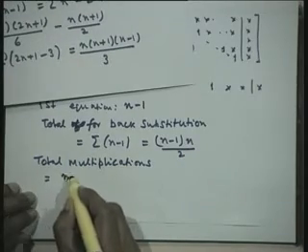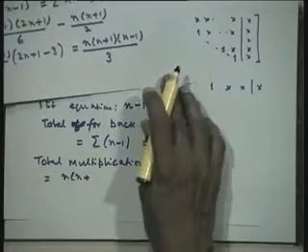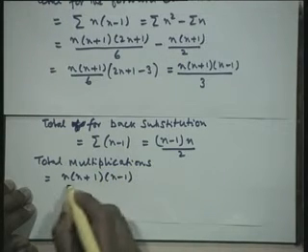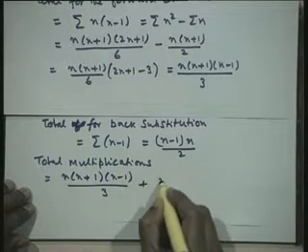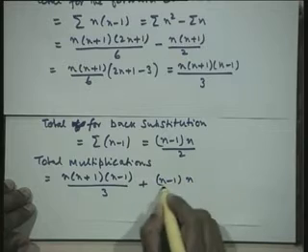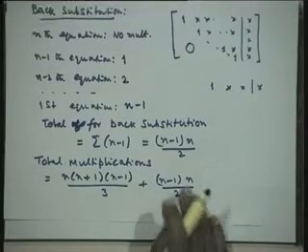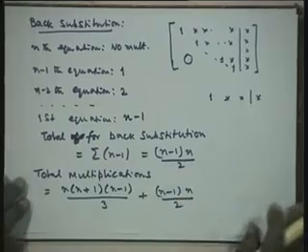So, I will have n into n plus 1 into n minus 1 by 3 plus n minus 1 into n by 2. So, this will be the total multiplications in our Gauss elimination procedure.